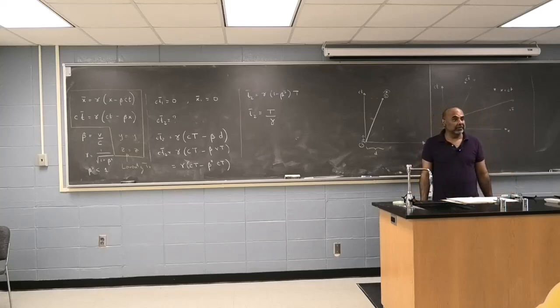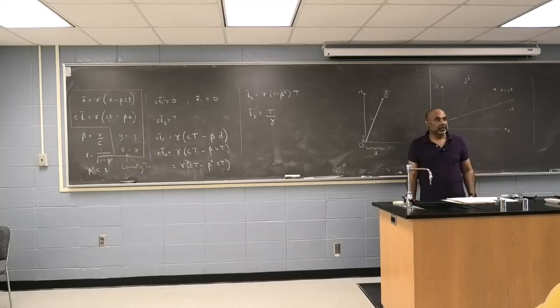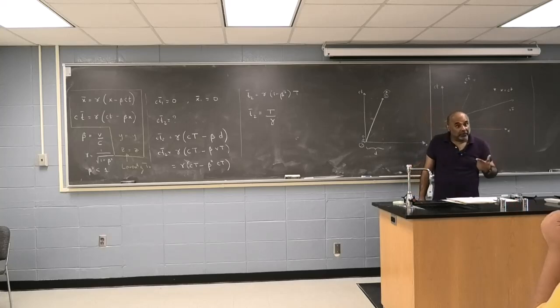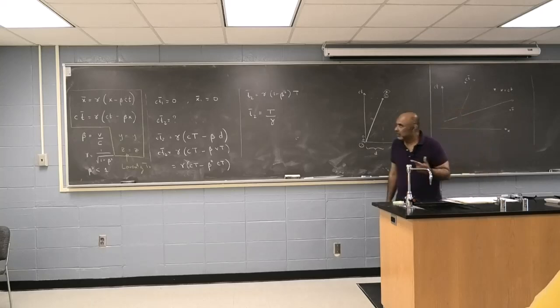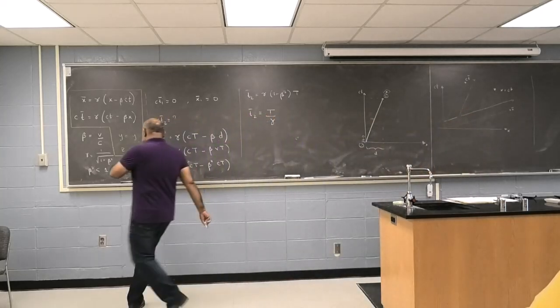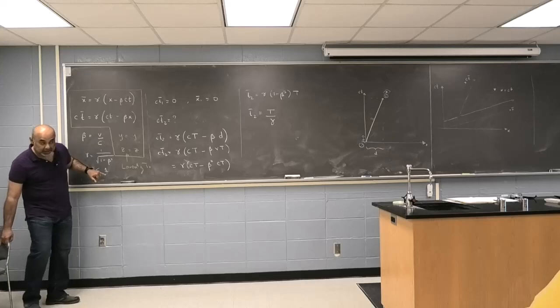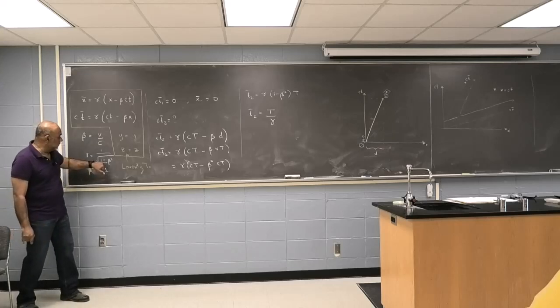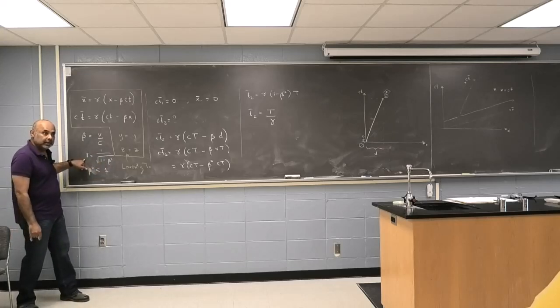If you're going below the speed of light, what is gamma? Greater than 1. It's 1 over a small number, so it'd be greater than 1. See, the smallest beta can be is 0. When it's 0, gamma is 1.